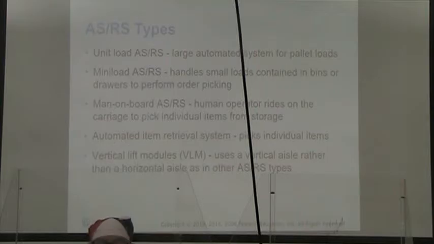A man on board AS/RS, where we have a human operator who's riding on the carriage to pick items out of storage. An automated item retrieval system that can pick individual items out of our storage. And vertical lift modules. There we have a vertical aisle rather than a horizontal aisle like we do in other AS/RS types.